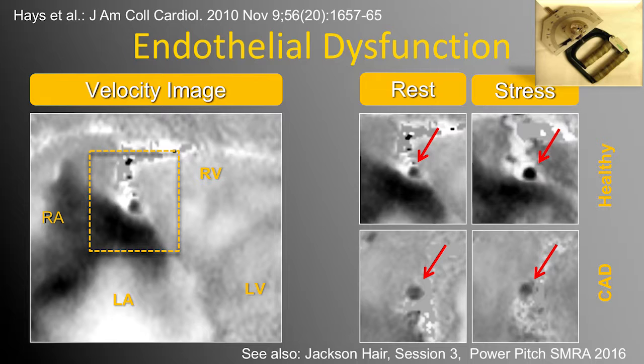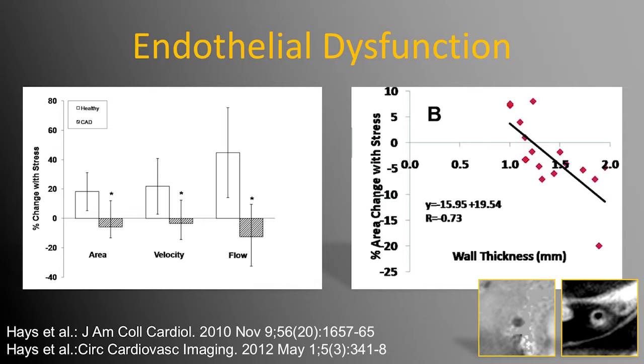You can see how the flow is increasing in that vessel on the one hand, and the diameter is also increasing in response to this hand grip stress, whereas in the patient with coronary artery disease, this does not happen. If you look at this statistically, then you clearly see in the healthy cohort there is a clear vasodilation of the coronary arteries in response to hand grip, and the velocity and the flow the same, whereas there is an absence of these parameters to increase in the case of the patients.